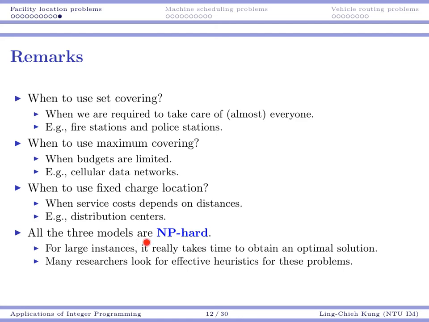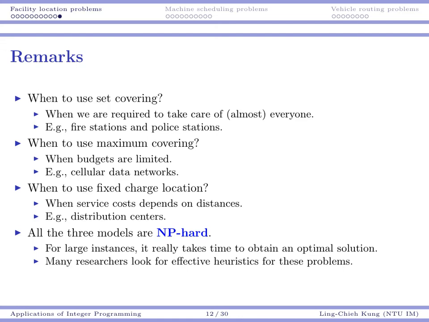All three problems are NP hard, so given large instances, it really takes time to obtain an optimal solution. Many researchers try to look for effective heuristics to solve these problems, but unfortunately we don't have time to talk about them.